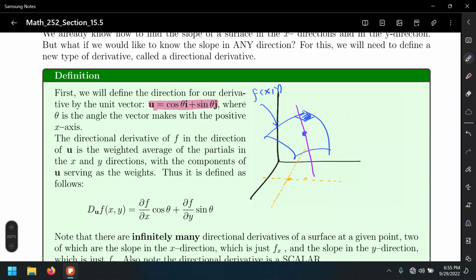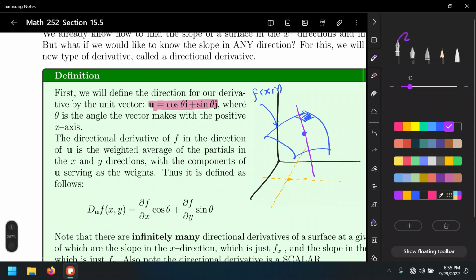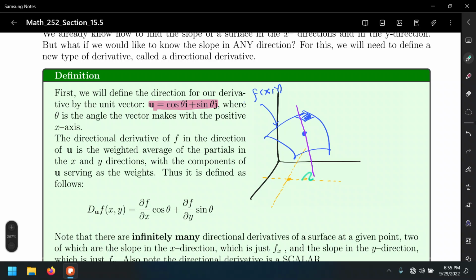If we project this line right here, I'm going to use a different color. It's going to look like this, with some angle theta with respect to the x-axis. In this case, the x-axis will be this projection in here. So what are we going to do with this directional derivative?